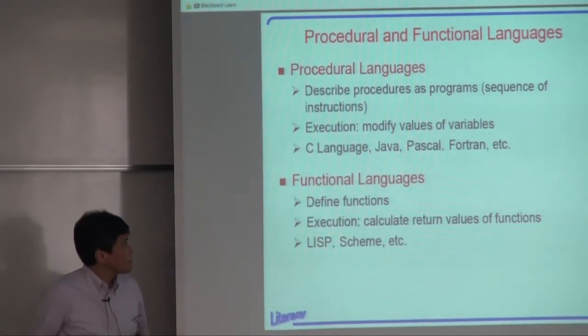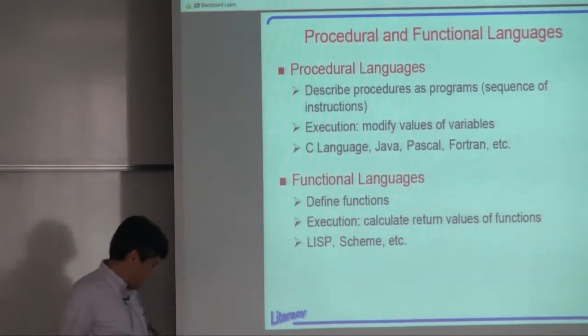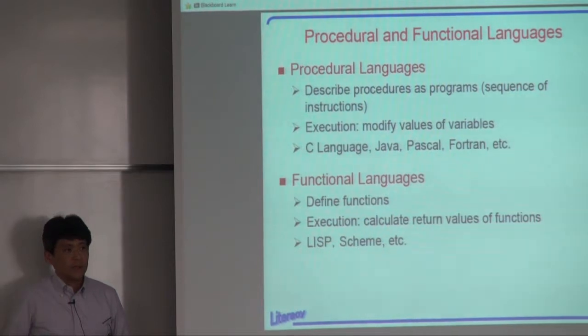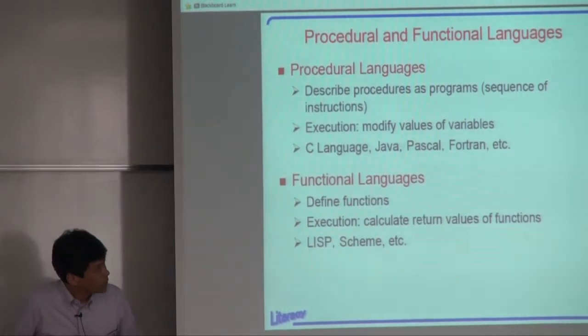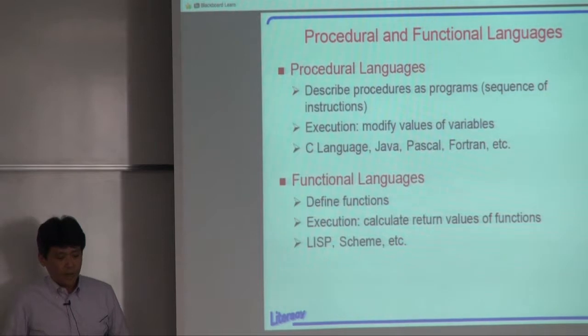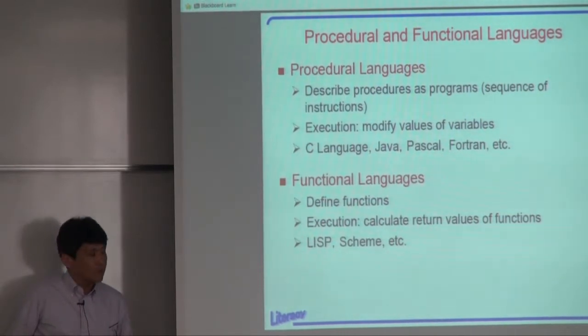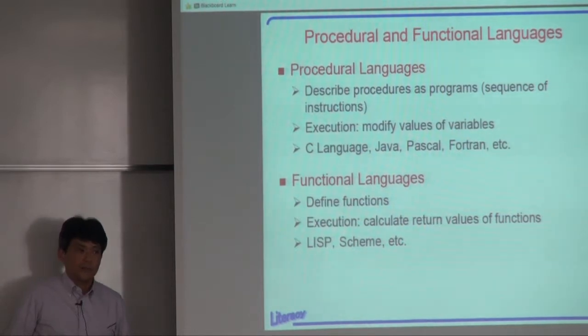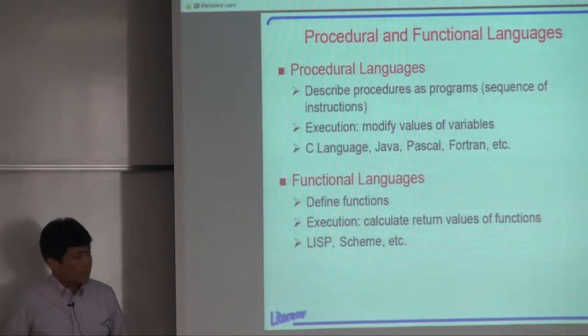In functional languages, you have to define functions for the instructions. Any instruction is represented by functions, only functions. A function needs arguments as parameters, and also returns a return value, a function value, as a result of the calculation.